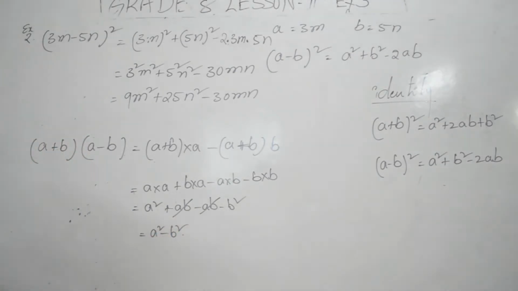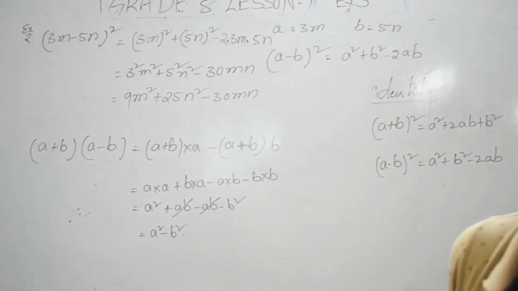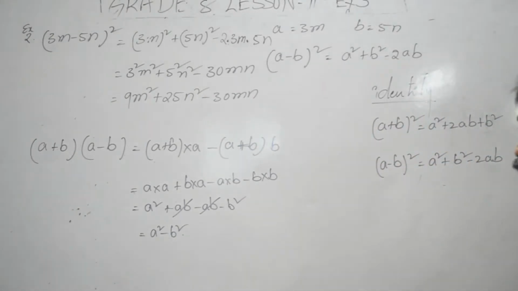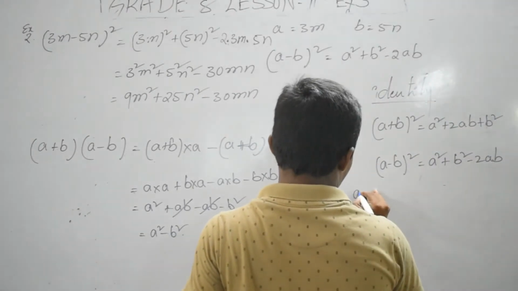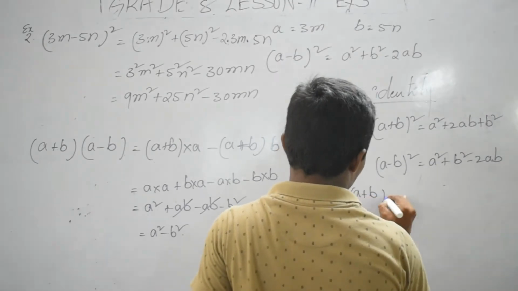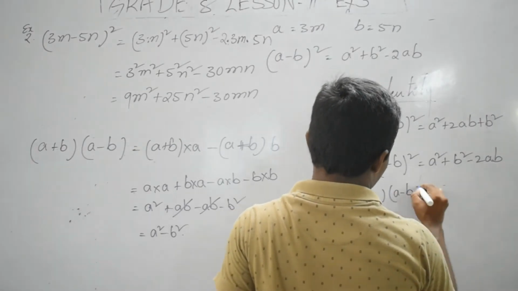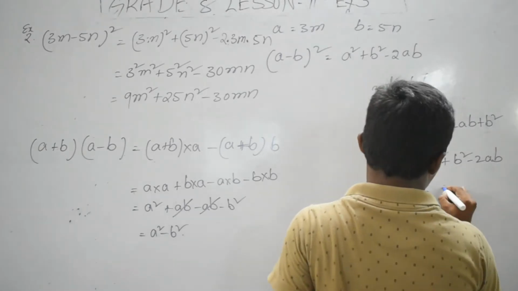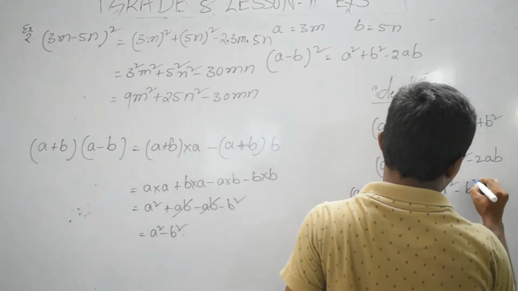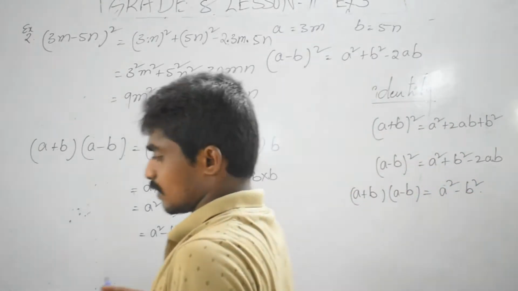So this is an identity. Now (a plus b) times (a minus b) is equal to a square minus b square.